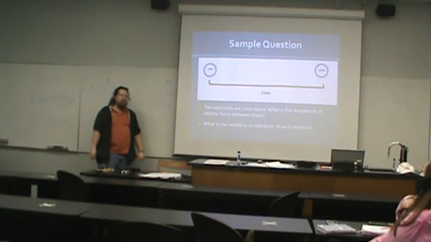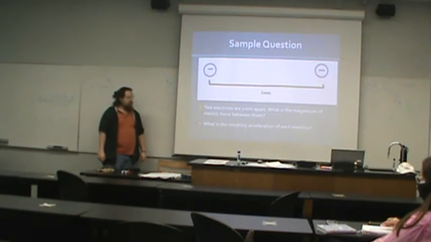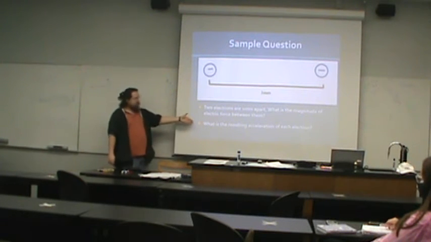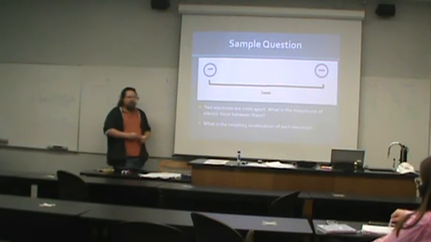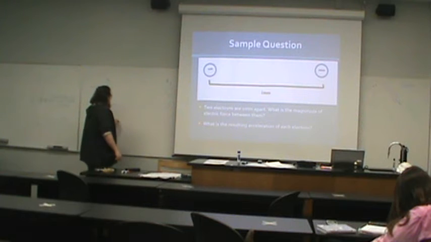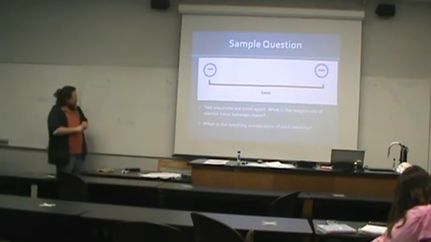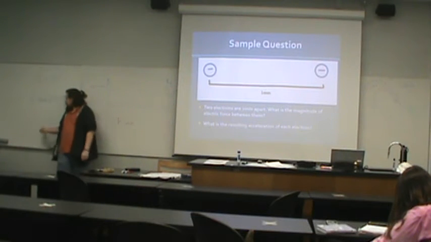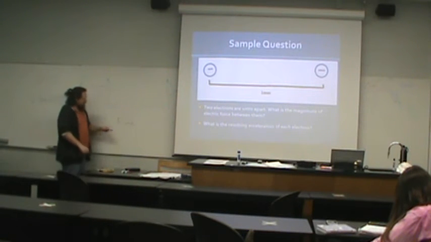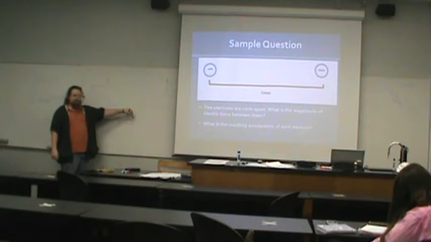Yes? So can't you just use force equals mass times acceleration? Yes, you can. So looking ahead at the next question, what is the resulting acceleration of each electron? Electrons are particles with mass. So this teeny, teeny, tiny amount of force is going to act on their mass, which will create a resulting acceleration.